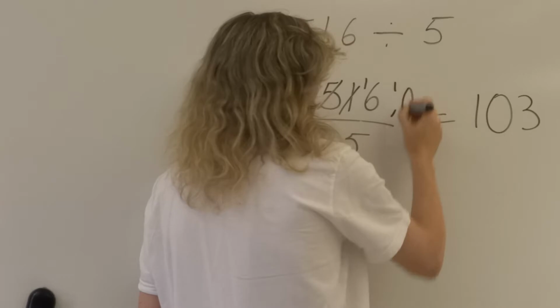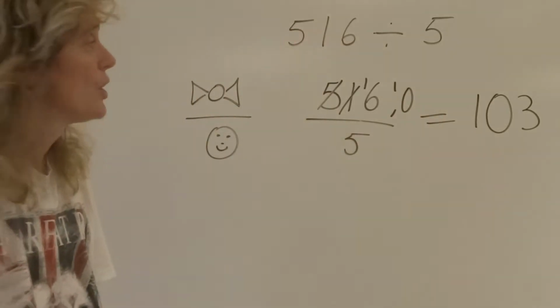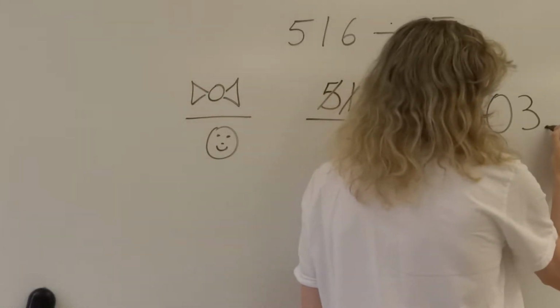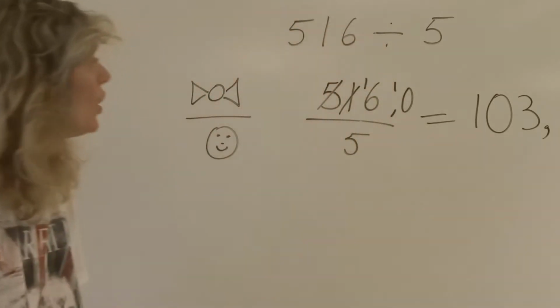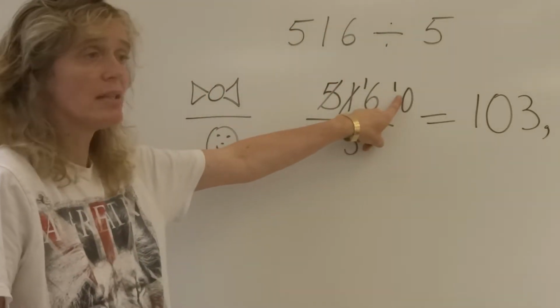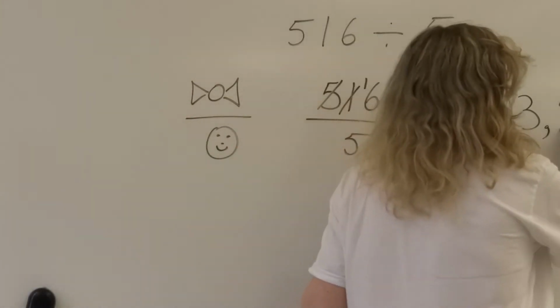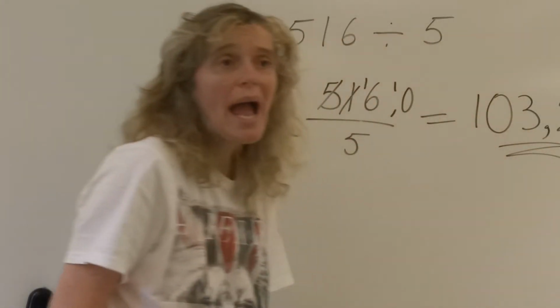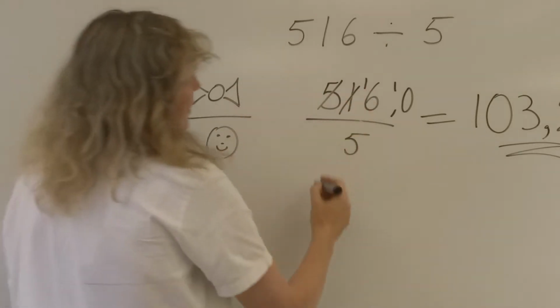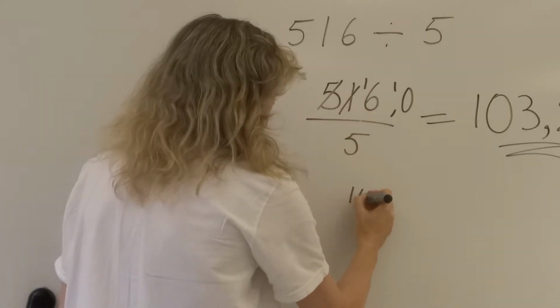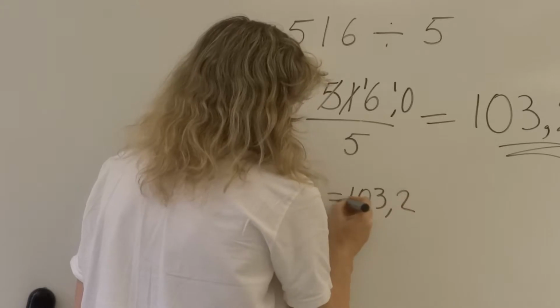We put in our decimal 0 here. So we put in our decimal point as well at the same place in the answer. We now have 10 sweets and 5 children to eat them. How many does everybody get? 2. So our answer to this question of 516 divided by 5 is 103.2.